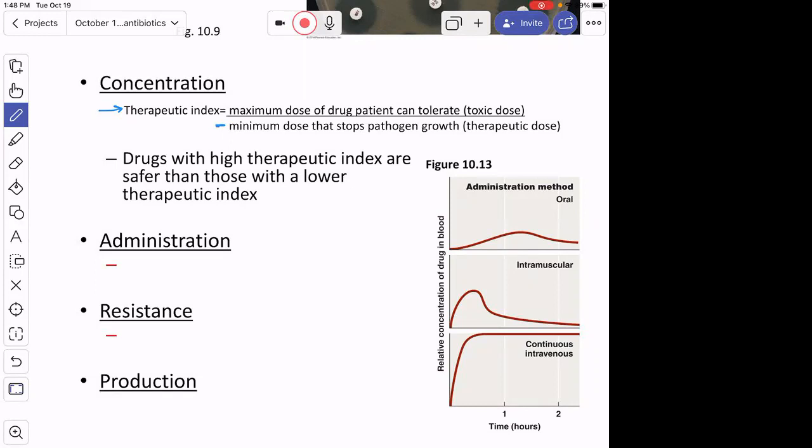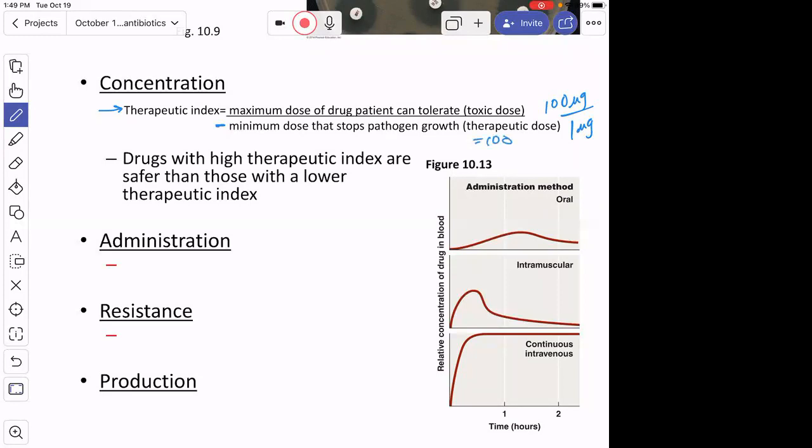Okay, so let's throw some numbers in here. Say the maximum dose a patient can tolerate would be, say, 100 micrograms, and maybe the pathogen will stop growing at 1 microgram. So then the therapeutic index would equal 100, right?